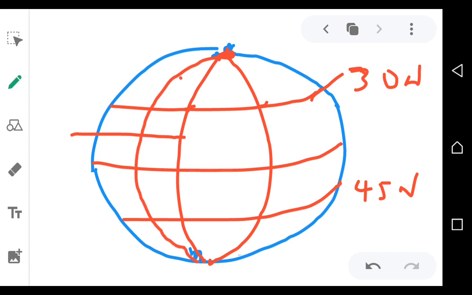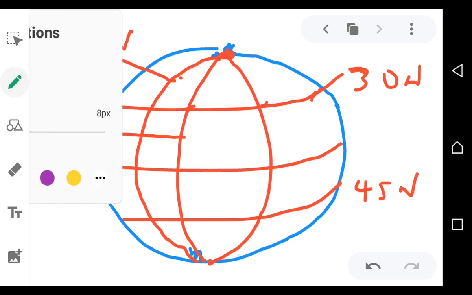This one will be 30 degrees west, sorry, not east, west.